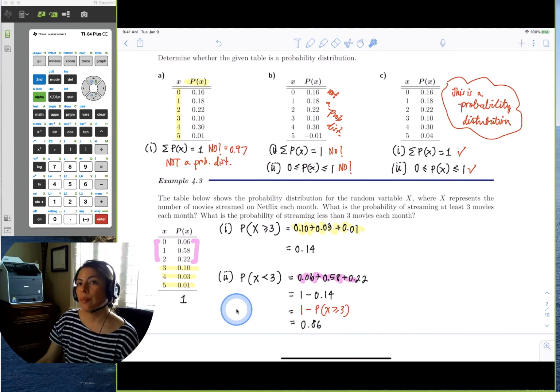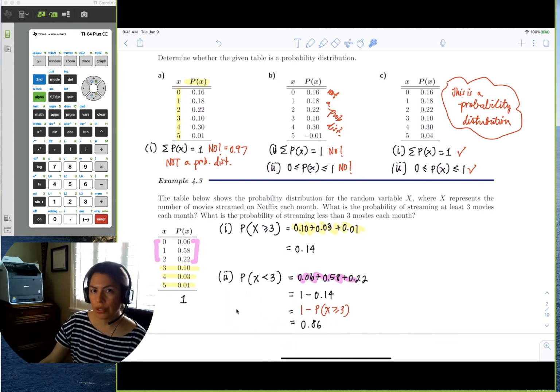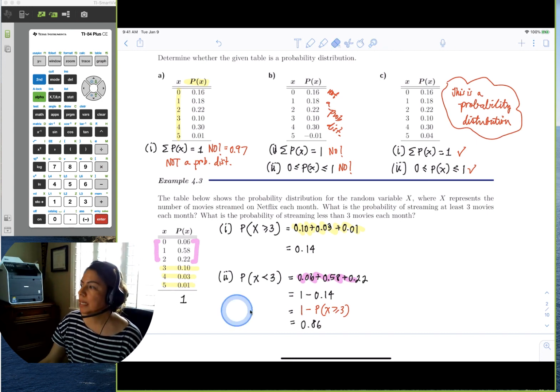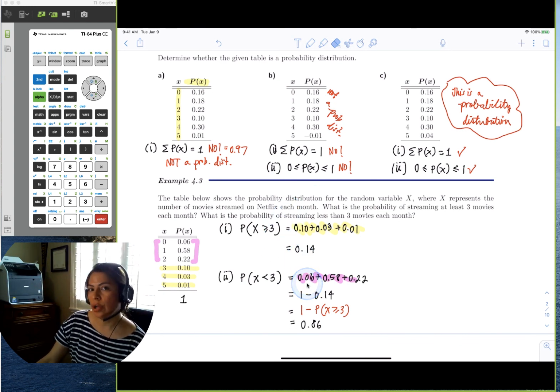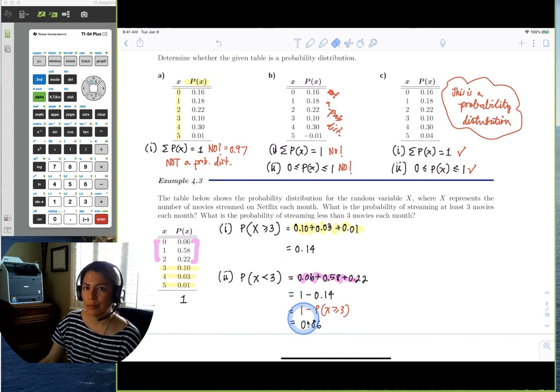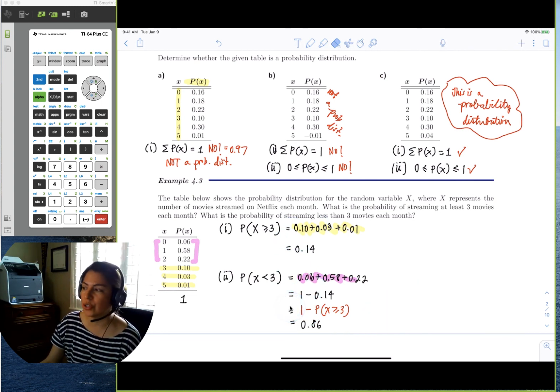So there are a couple of ways to do it, and numbers you can always play with. But please get used to seeing this relationship between x less than 3 and x at least 3, because then you could easily just use your work before and work smarter, not harder, and use it in the second part. These will be really beneficial to us in the near future of those inequality exchanges.